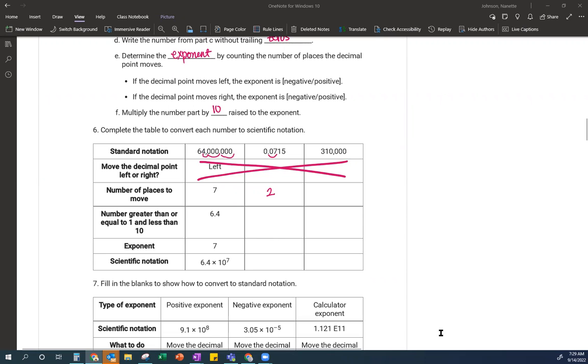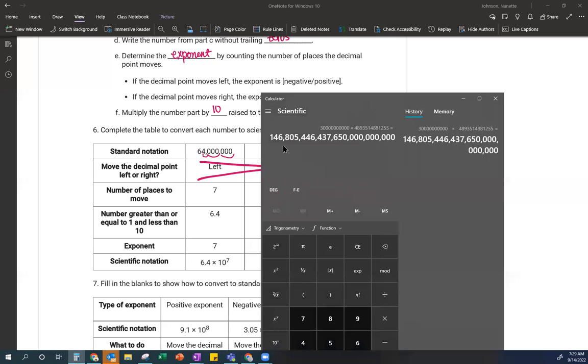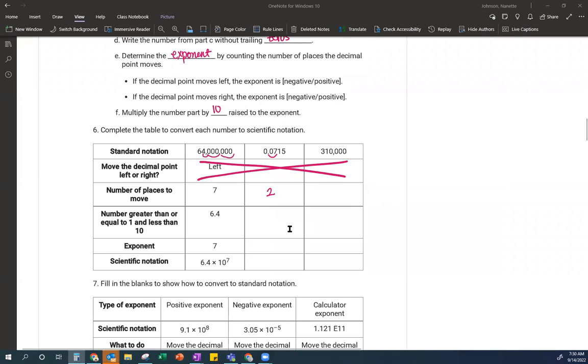So if there was a lot of digits like this calculator, remember there's all these digits here, I don't like all these digits. So I'm probably going to give you 2 places after. So I would round this to 1.47 times 10 to the blah, blah, blah, right? So here I go. I'm going to put this as 7.15. It is going to be 2 decimal places, and we get 7.15 times 10 to the second.